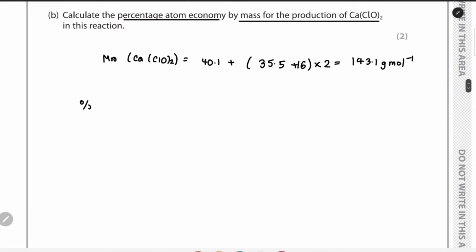So if I want to find the percentage atom economy, our wanted product is calcium hypochlorite, which is 143.1.